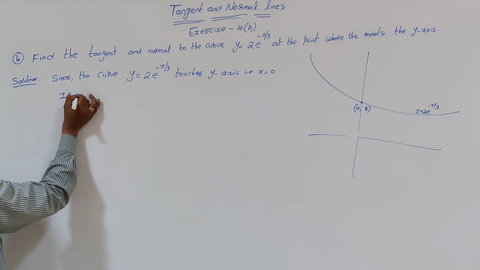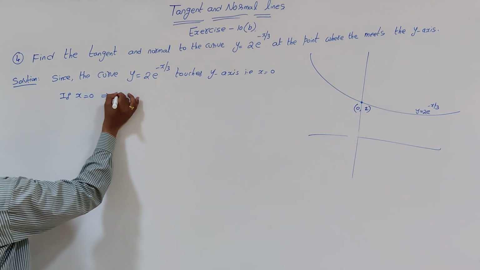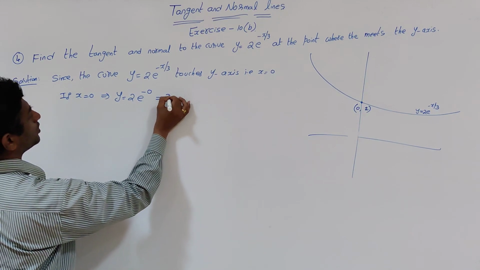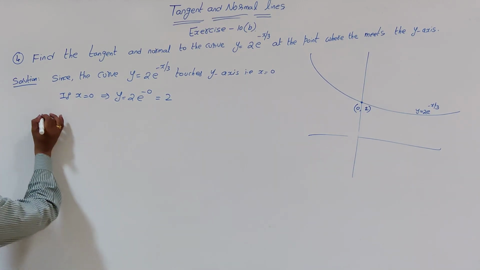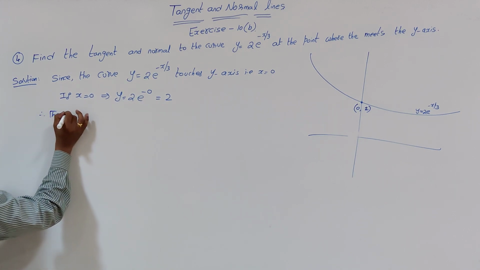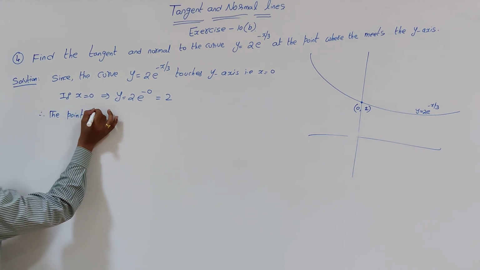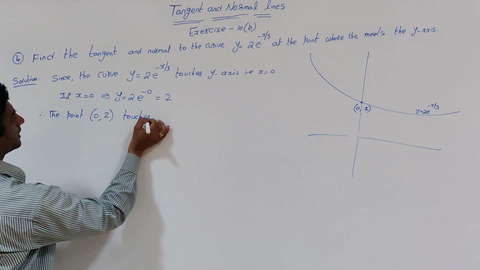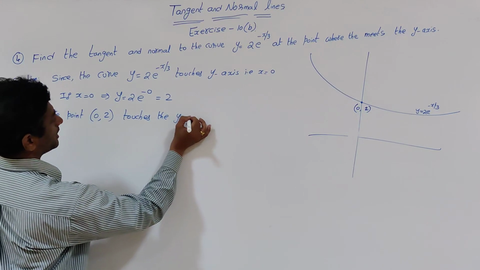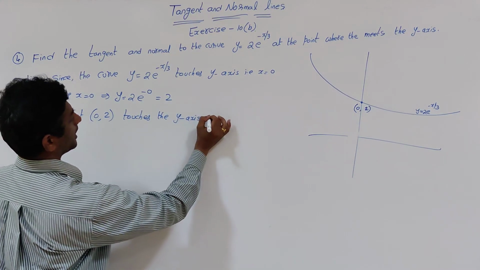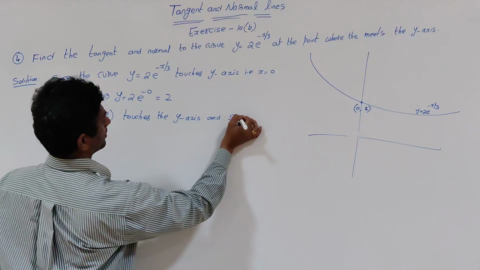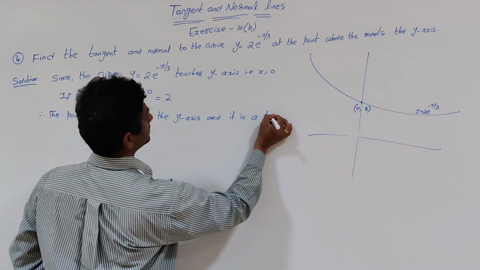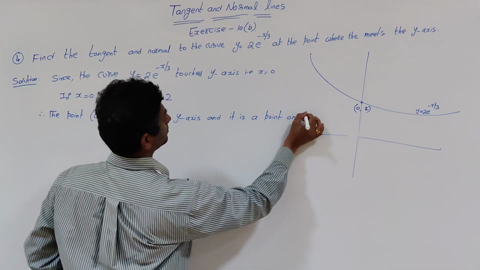If x is equal to 0, it implies y is equal to 2 into e to the power of minus 0, that is 2, means the point (0, 2) touches the y axis and it is a point on the curve.